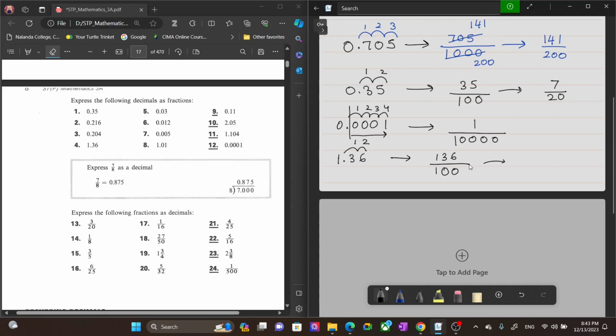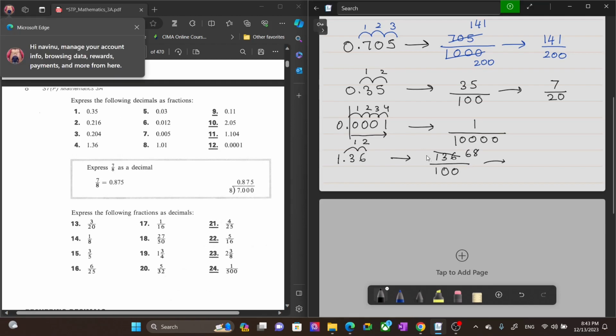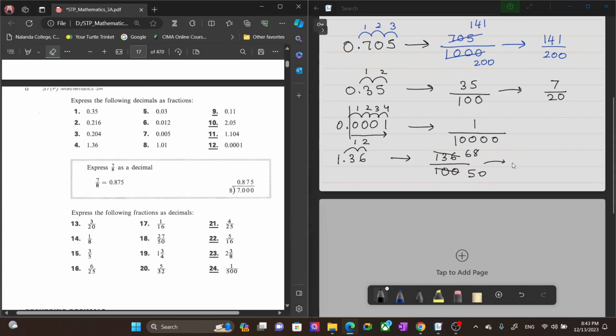We can simplify this further. We can divide both by 2, no? Then we get 68 over 50. We can divide that further. Then 34 over 25. That is the simplest we can get. 34 over 25. That's the fraction.